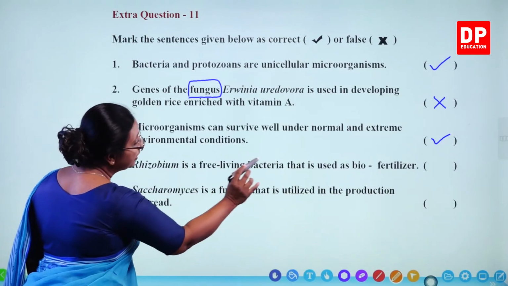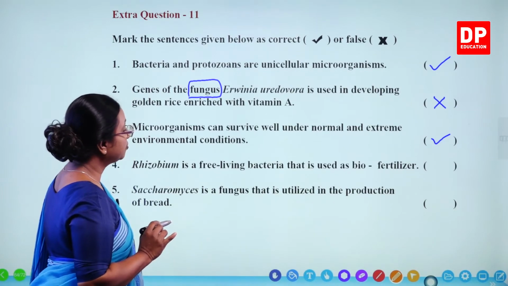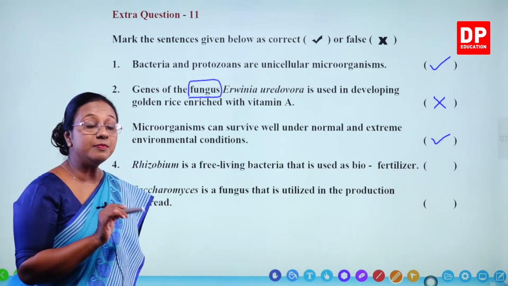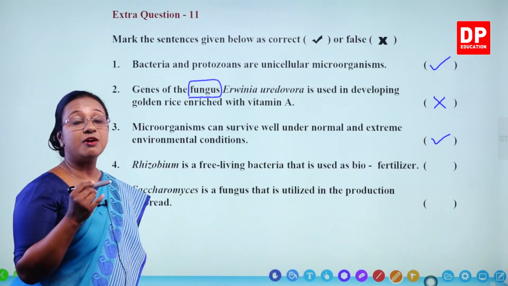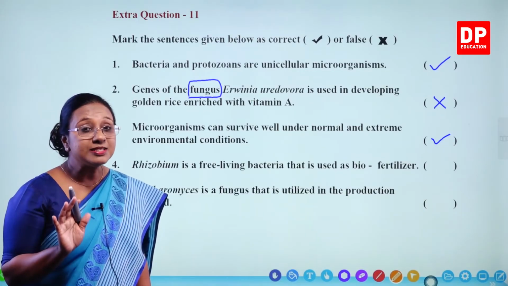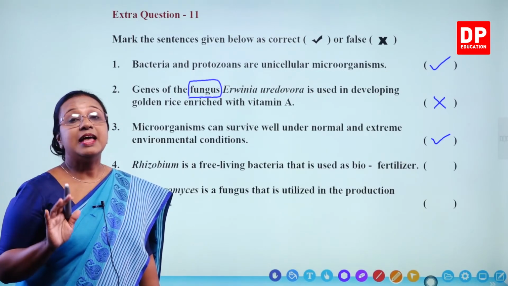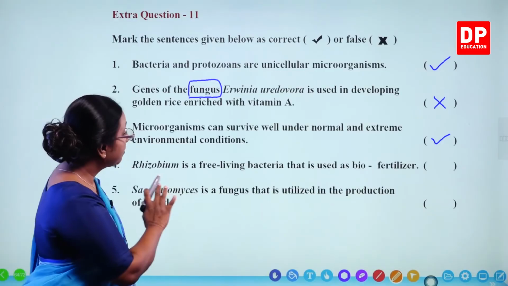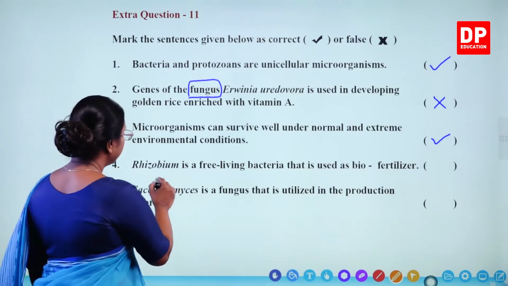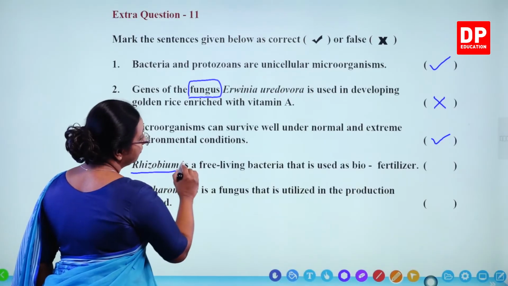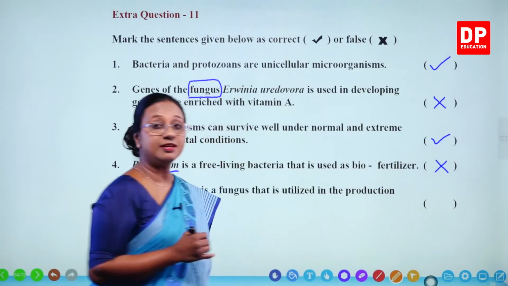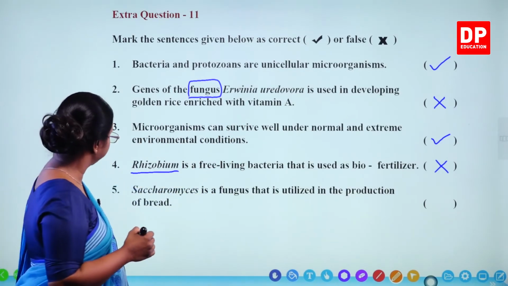Because Rhizobium lives in the root nodules of legume plants and it fixes nitrogen. But what is the microorganism that acts as the biofertilizer? That is Azotobacter. So here this is wrong. Free-living bacteria is Azotobacter that is used as the biofertilizer.